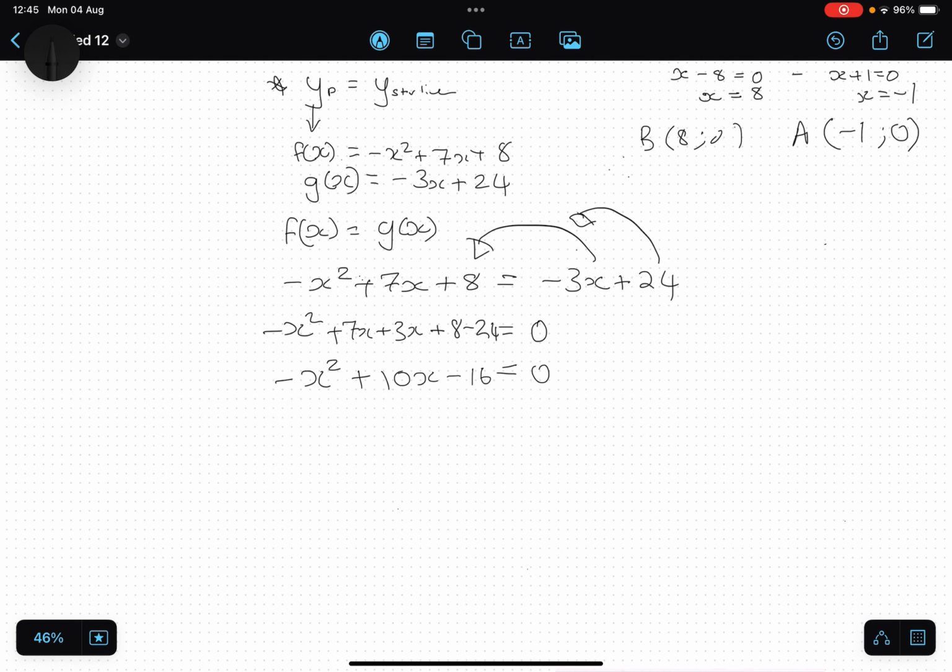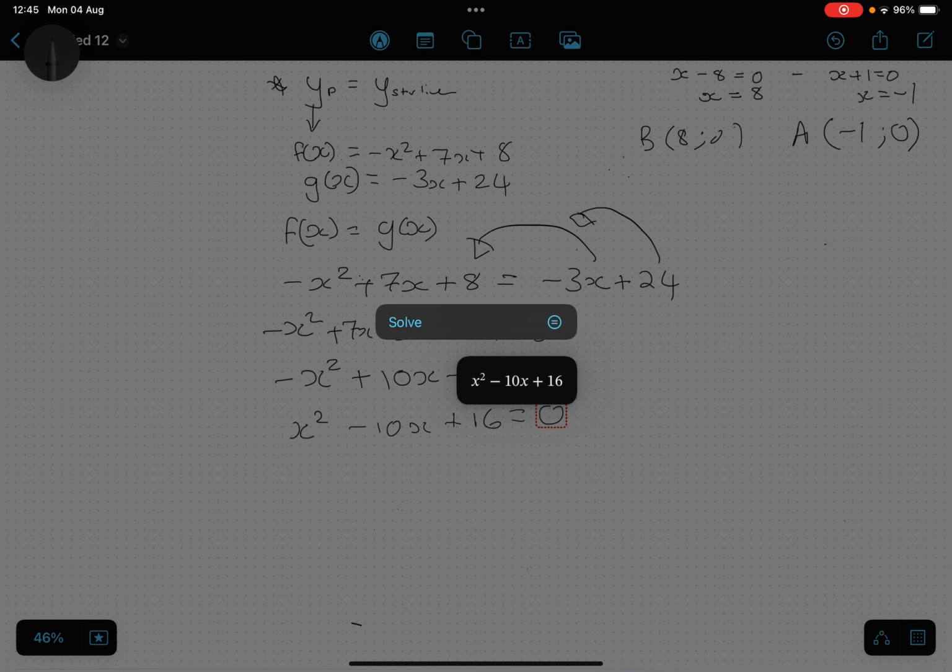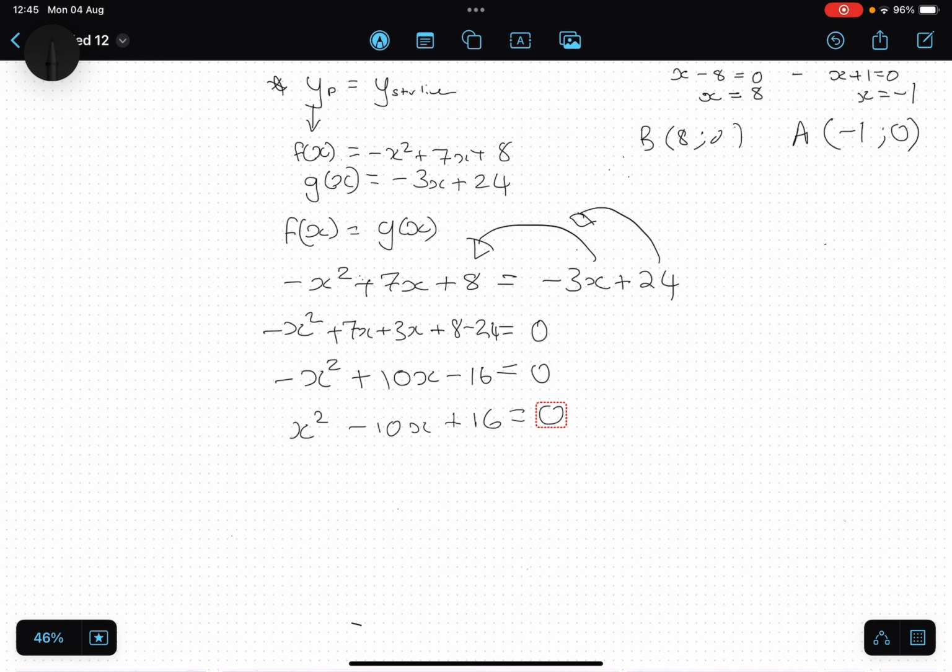Equals 0. Now I'm just going to change the sign again to make it easier to solve. You can do that if it's an equation, but remember you cannot do that if it's an expression. You can only factor out a negative.